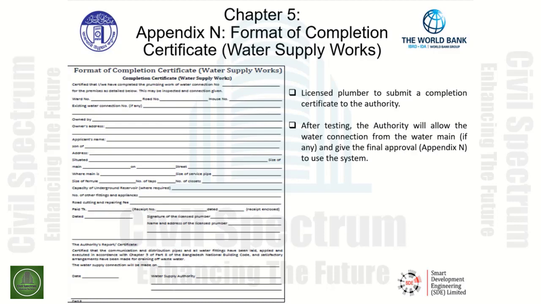The water supply connection will be made on a predetermined date filled out by the authority and dated accordingly and indicated by the water supply authority. So this gives us the format and form of a completion certificate that the licensed plumber will fill out upon completion and submit to the authority for connection of the water supply system.